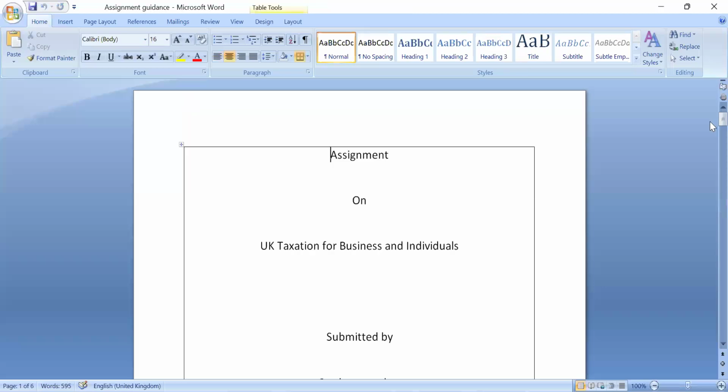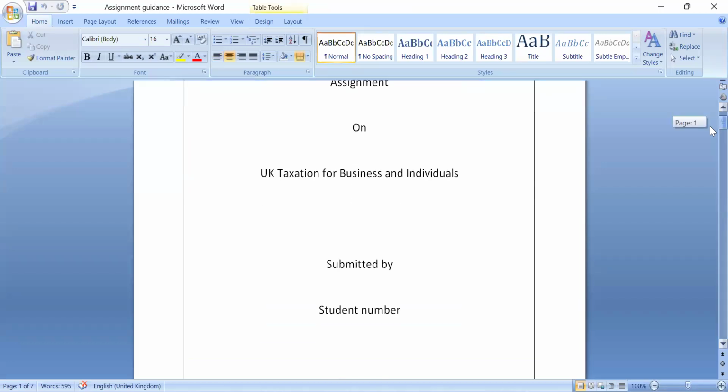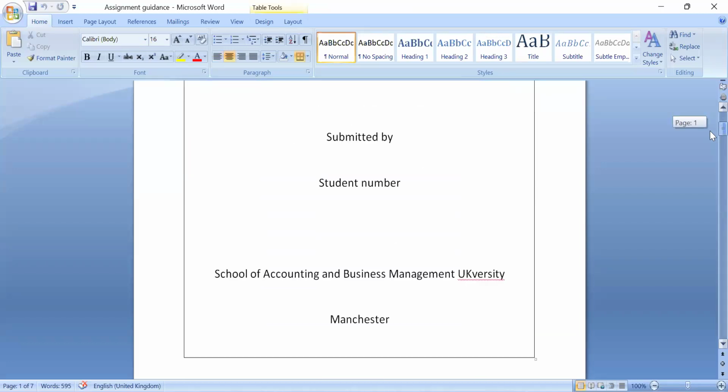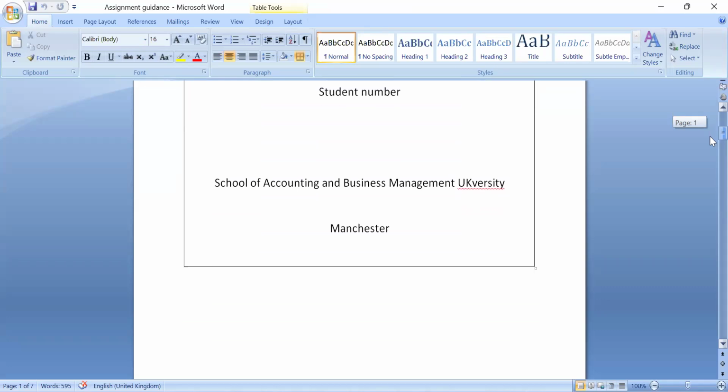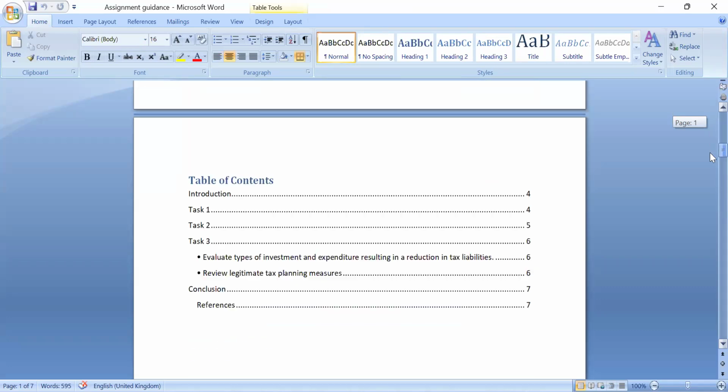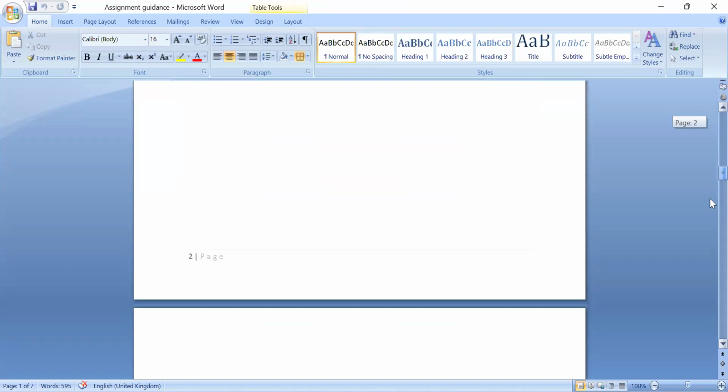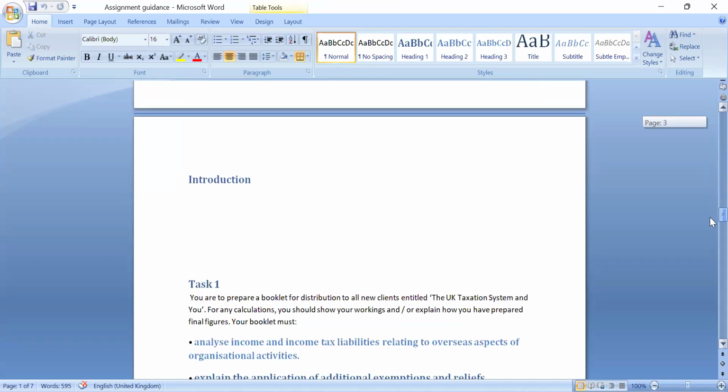So you see, assignment on UK taxation, by student number, School of Accounting and Management, University of Manchester, and the second page is the content page. Then you're doing your assignment. You write a little introduction: taxes play a key role in many countries.